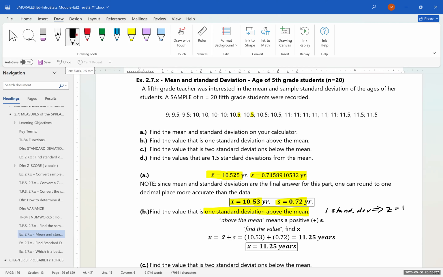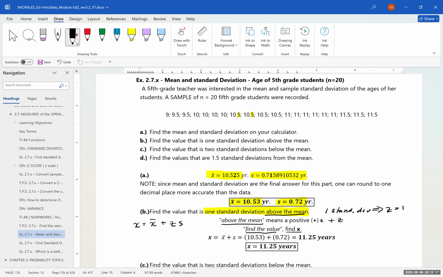And when we say that we're looking for one standard deviation above the mean, that means that our z-score is going to be positive. And then find the value means we need to find x. So I wrote this formula down here, but I think what I should have done is maybe written it more like that.